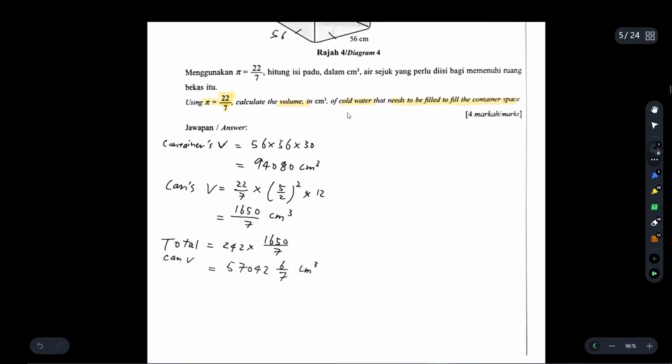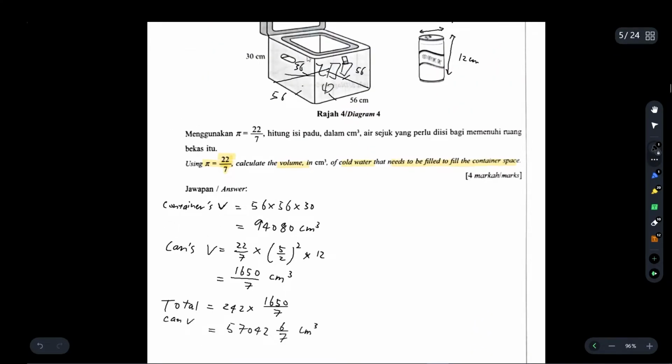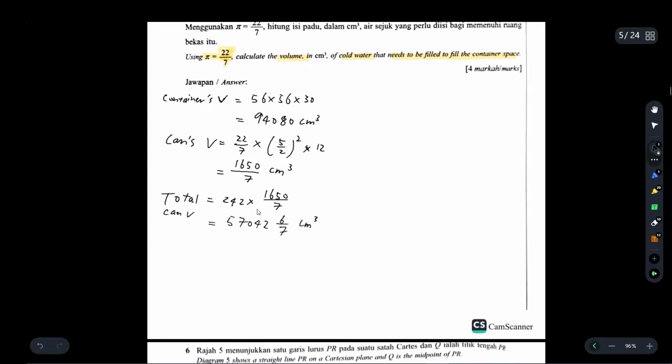So how do we calculate the volume of the cold water? We already got the whole space volume and we have the total can volume. So we just have to subtract the container's volume by the total cans' volume that they occupy, and we'll get the volume of the cold water. 94,080 minus 57,042 and 607.